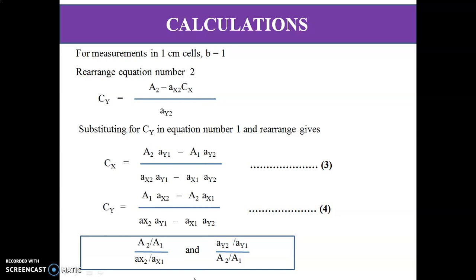The criteria are that the ratios A2 divided by A1, and AX2 divided by AX1, should lie outside the range of 0.1 to 2 for precise determination of Y and X respectively. These criteria are satisfied only when the lambda max of the two components are reasonably dissimilar.